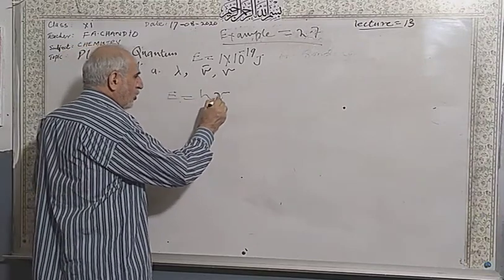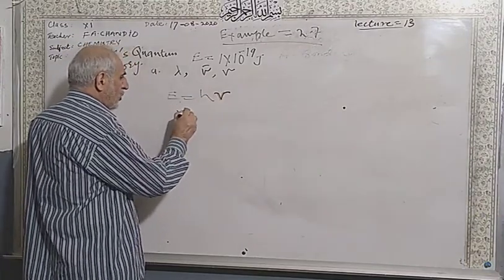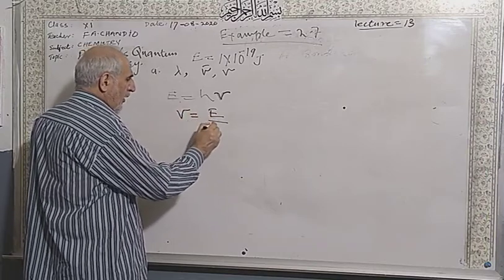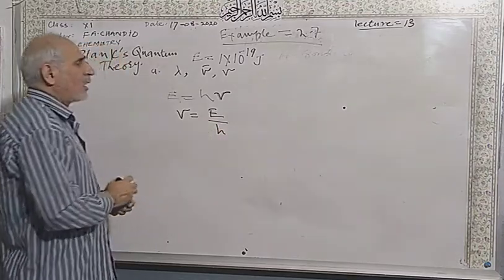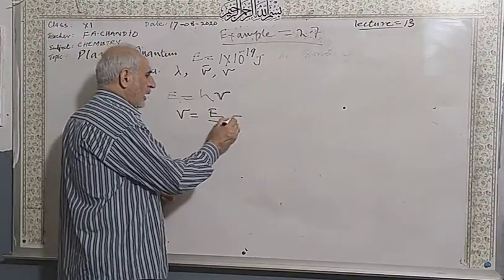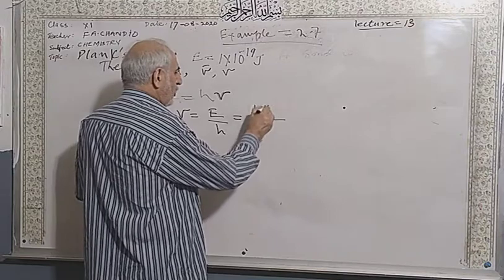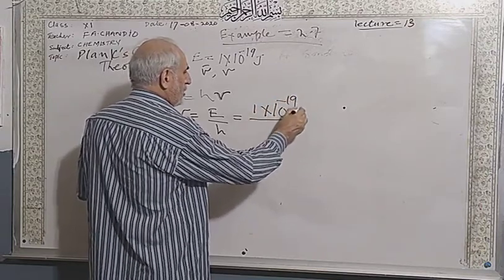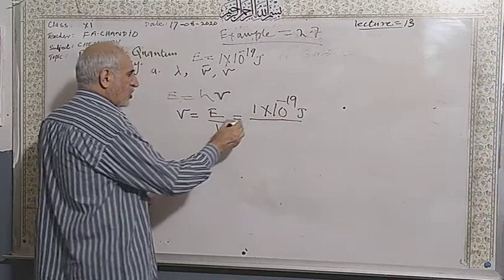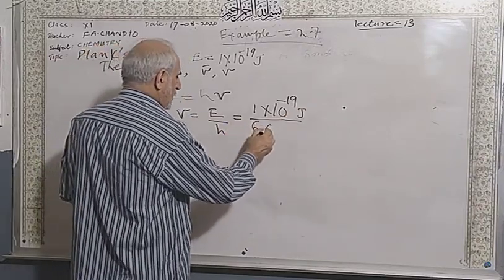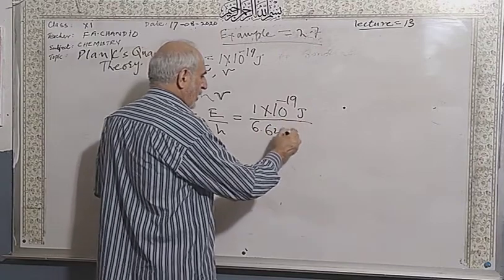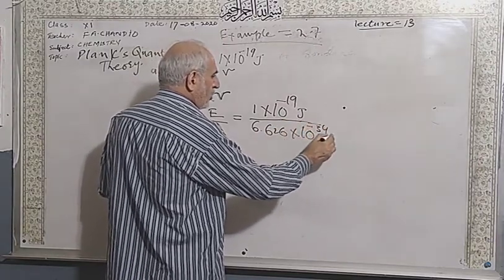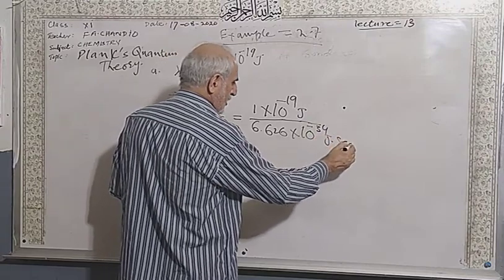If I want to calculate the frequency, the frequency will be equal to energy over Planck's constant. So put the value. Energy is 1 into 10 raised to power minus 19 joules, and Planck's constant is 6.626 into 10 raised to power minus 34 joule second.